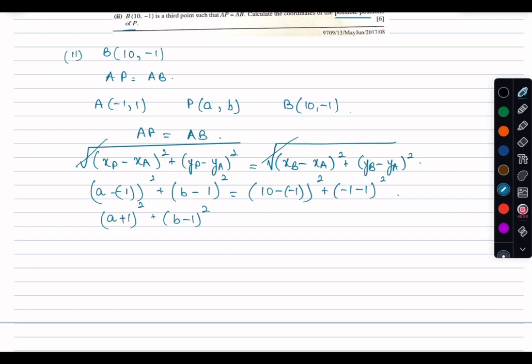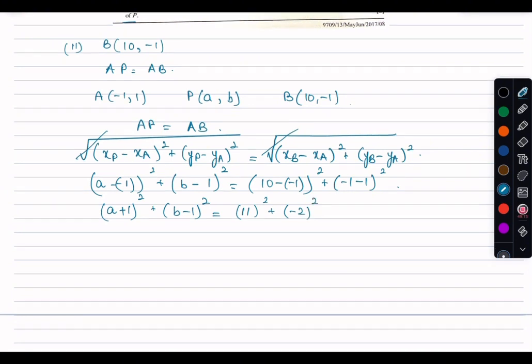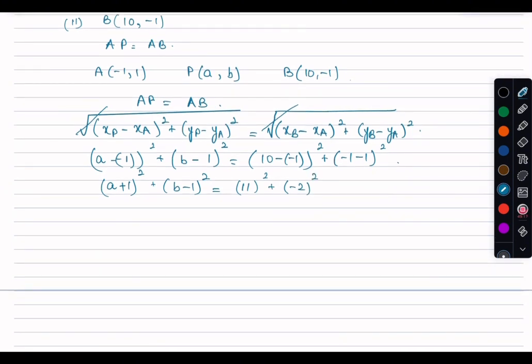So after that, it's a plus 1 the whole square plus b minus 1 the whole square, which will be equal to 10 plus 1, which gives me 11 the whole square, and negative 1 minus 1 gives me negative 2 the whole square, which should give me a positive 4, because we know when a negative gets squared, the answer becomes positive.